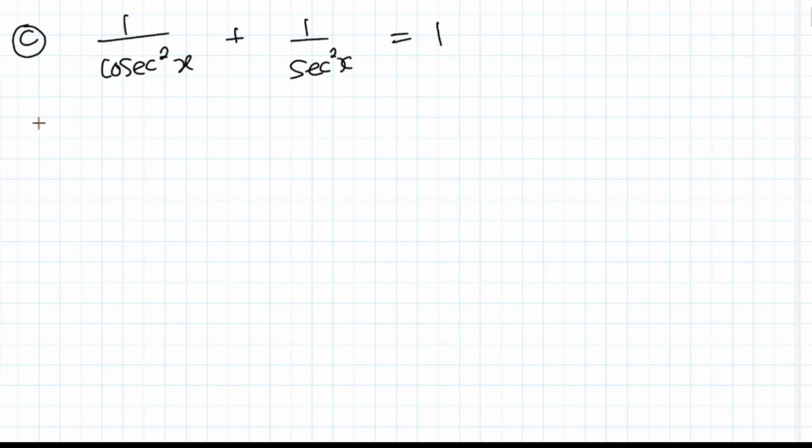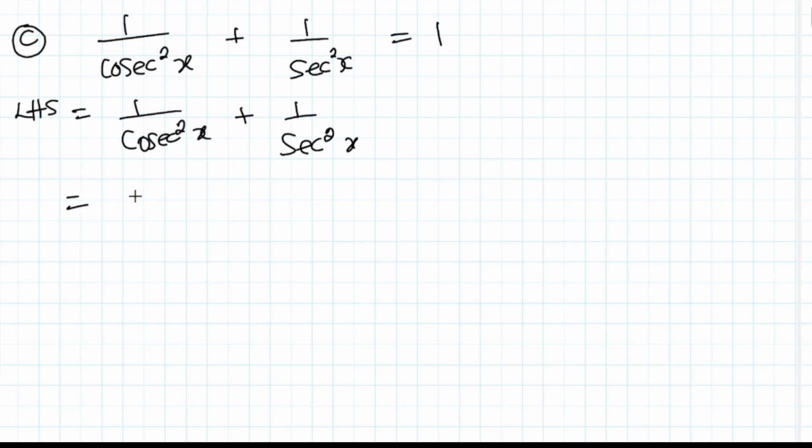So without arguing, the left hand side is the complicated side, which is 1 over cosec square x plus 1 over sec square x. So we start simplifying.